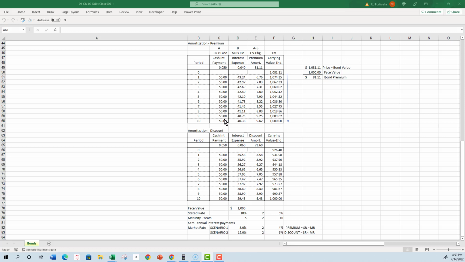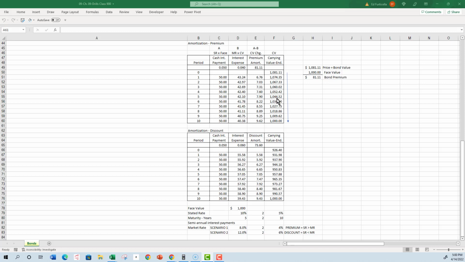You'll notice that as we do these calculations, the cash interest payment never changes. It always stays at $50. That's because it's an annuity. The interest expense decreases with each payment. The reason why the interest expense decreases is because the carrying value is decreasing.